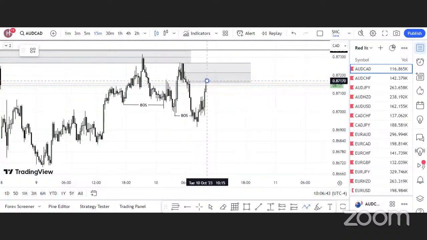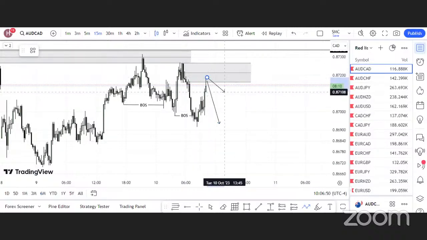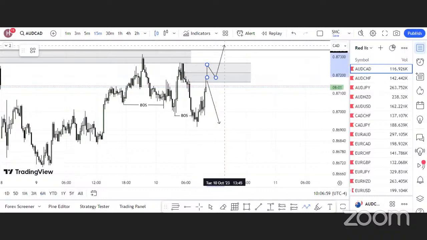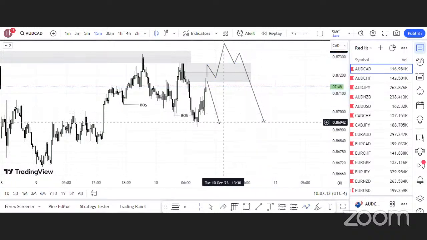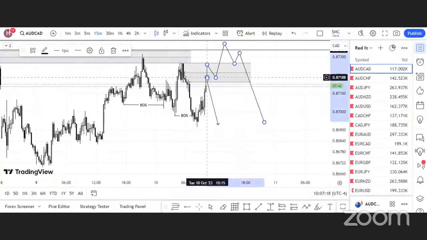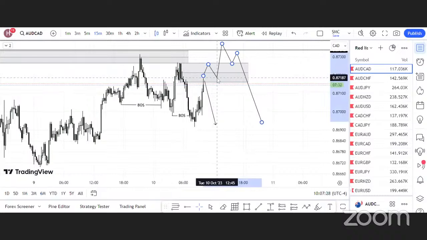The market can either do this or do this. So these are the two scenarios that could play out.